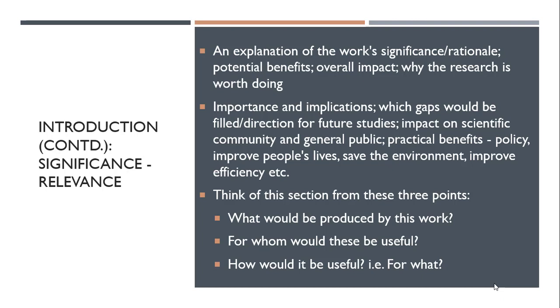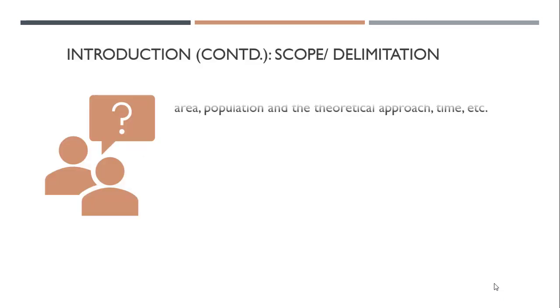How will it be useful? What are they going to use it for? What are they likely to use it for? When you answer these 3 questions carefully and logically, then you have a very good and well-written significance of study.